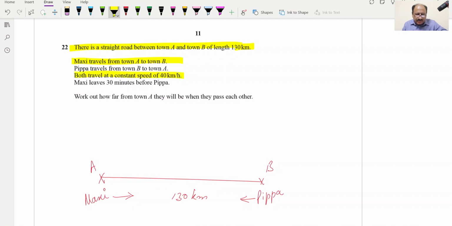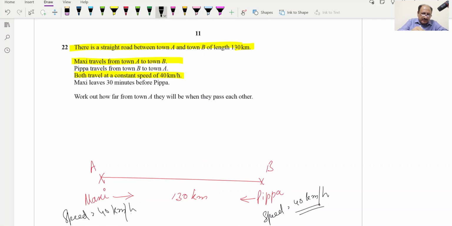Both travel at a constant speed of 40 kilometers per hour. So speed is equal to 40 kilometers per hour, and in this case also speed is equal to 40 kilometers per hour.